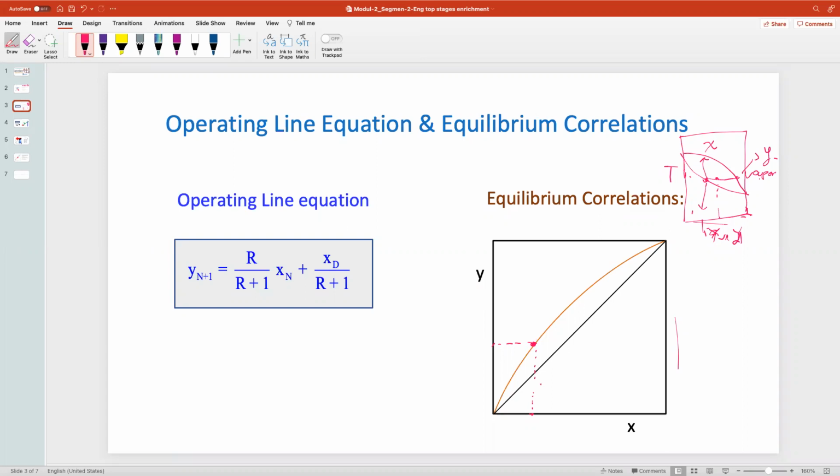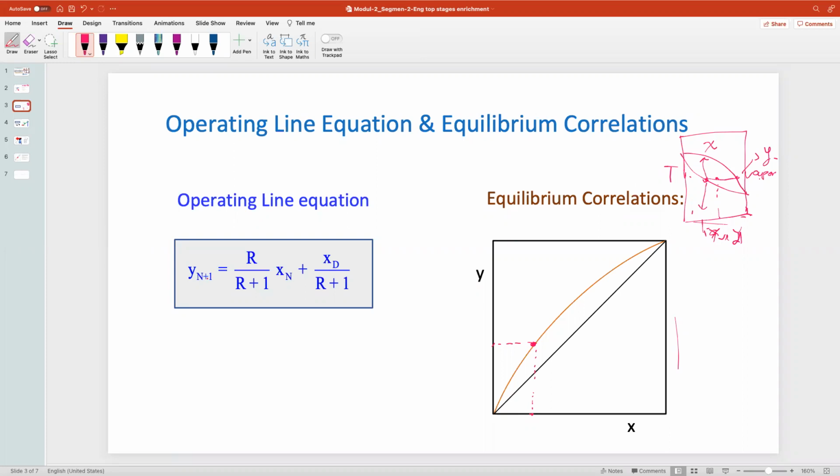If this is xn, for example, then that is the yn. We don't have the equation here, but that's fine because we can use the graph, since it is only two components, but for 3 or 4 components we have to use an equation later.